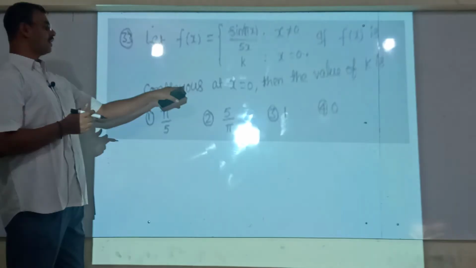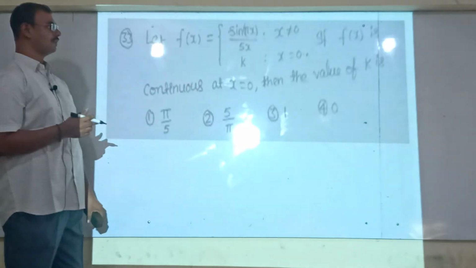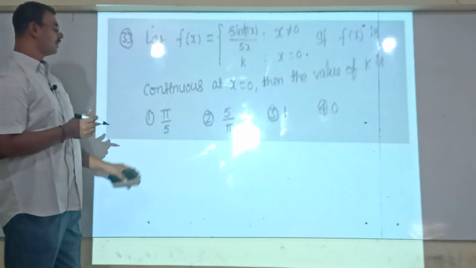If f of x is continuous at x equal to 0, then the value of k is?